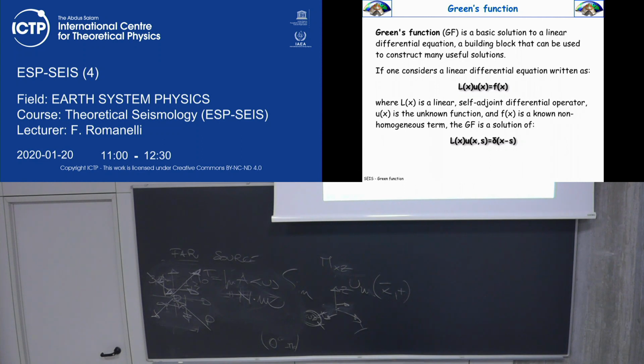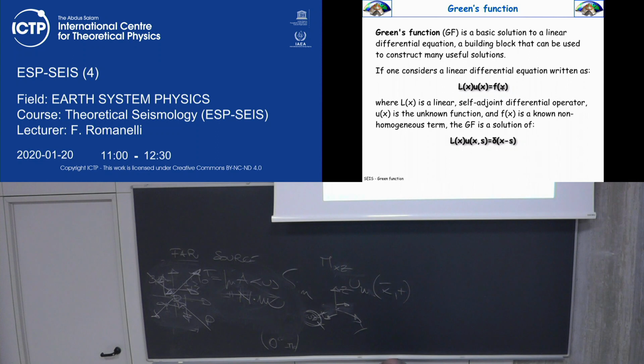Now, Green's function, for very simple differential operators that have to be linear, can be defined as the inhomogeneous solution of a differential equation when the inhomogeneous term is a delta.